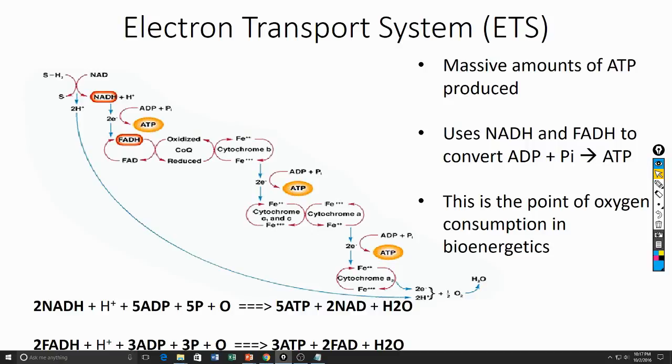Niacin is actually converted into NAD in the body, and FAD, or flavin adenine dinucleotide, is part of riboflavin, another B vitamin. Back in the 1920s and prior to that, before people started to enrich wheat and grain products, people weren't getting enough vitamins, so they would actually have vitamin B deficiency.